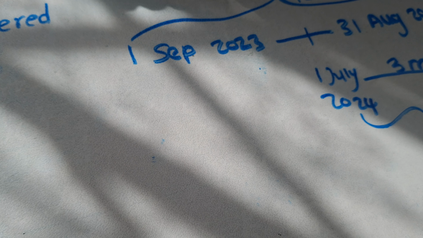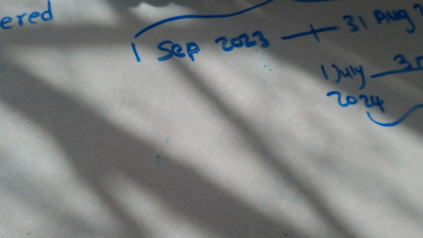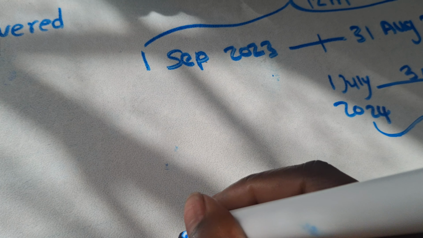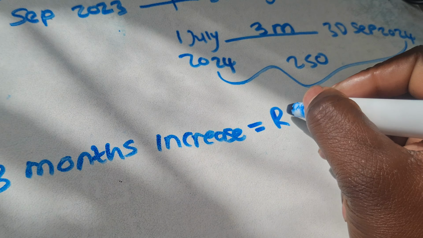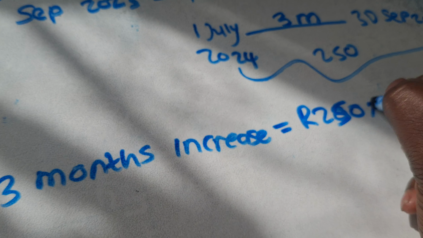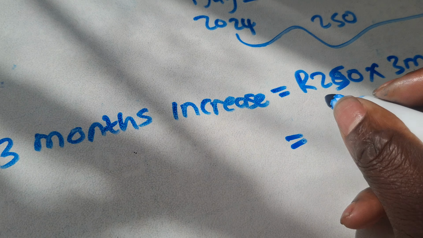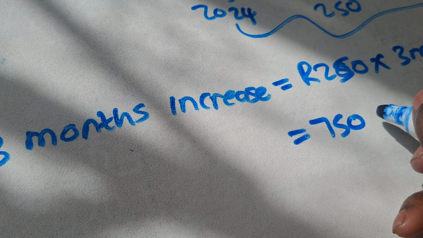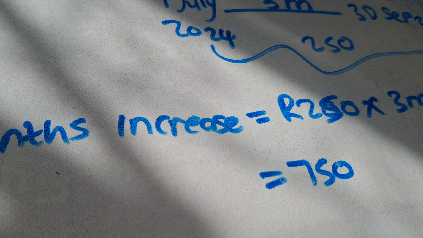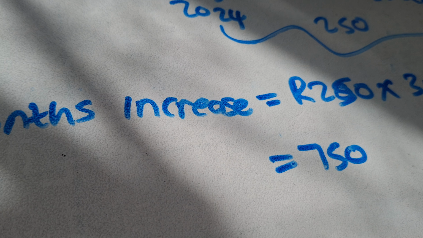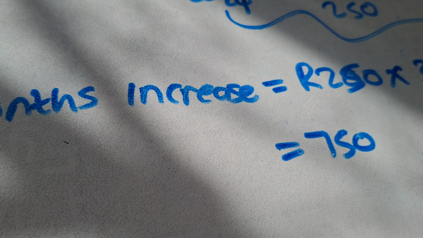Then we need to find out how much the 3 months' increase is. We are told that it was increased by 250, so 250 multiplied by 3 months gives us 750, right? So this is what our increase was. Then we need to find out how much the rent was before the increase.